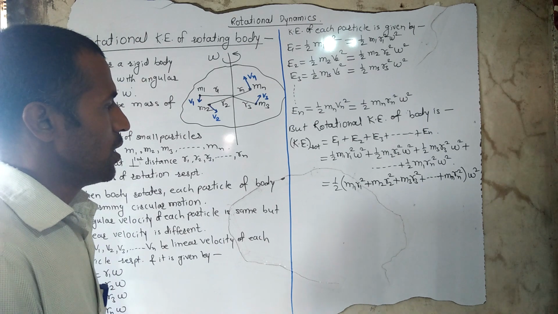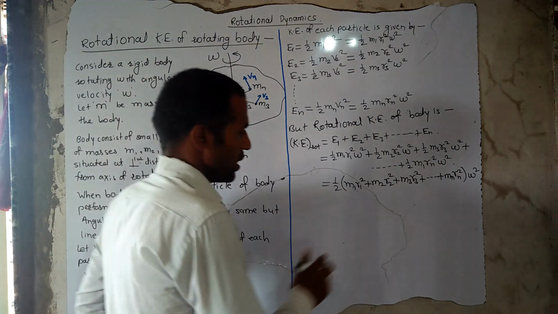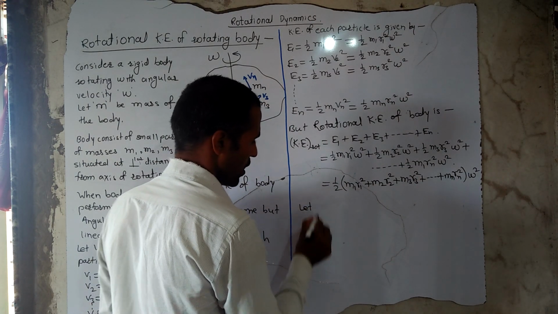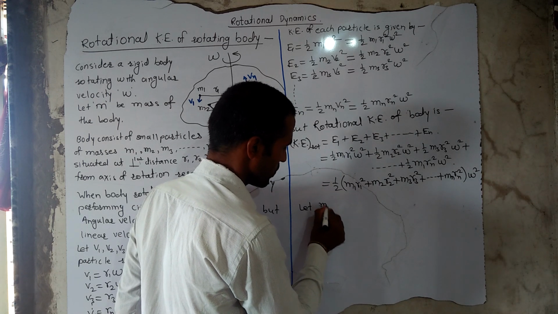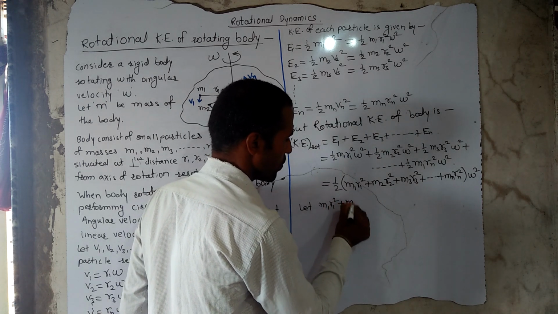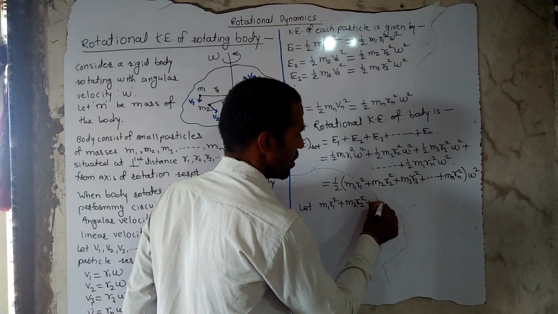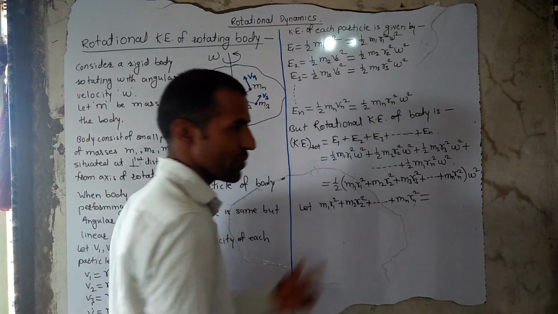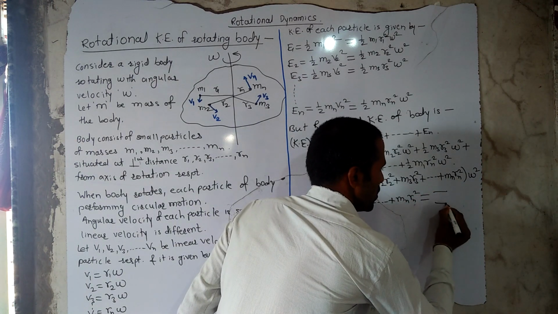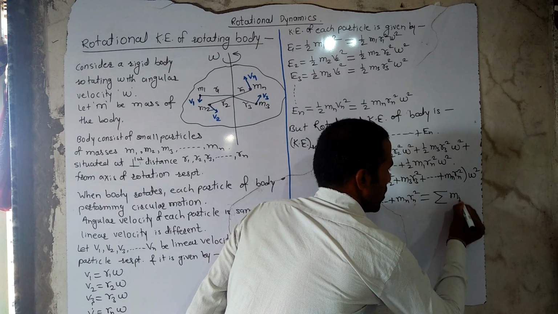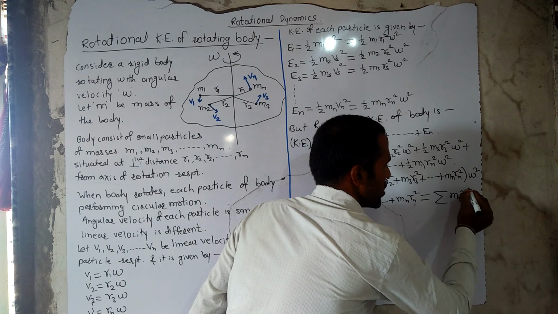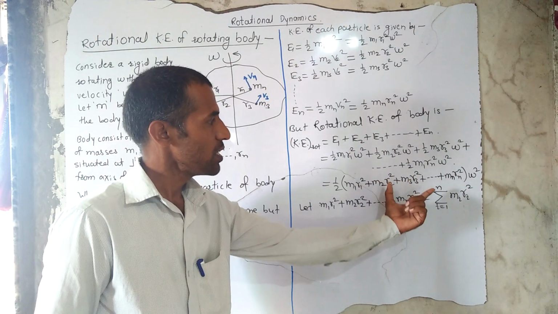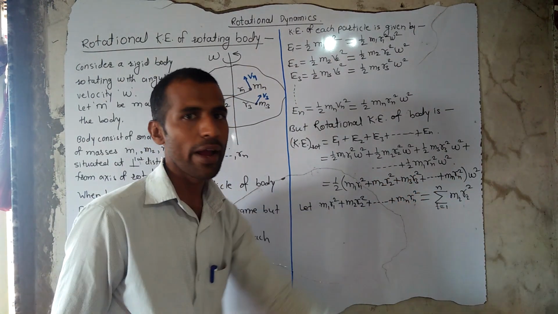Okay, so if we take the summation of these terms, summation of mi ri square, where i runs from 1 to n, then instead of this bracket we can write summation of mi ri square.